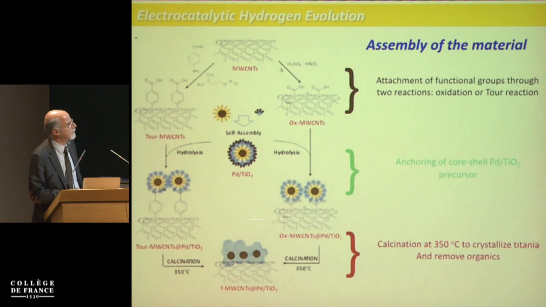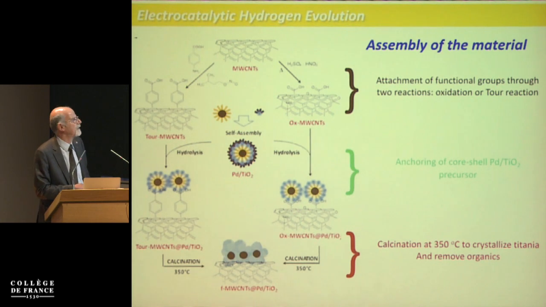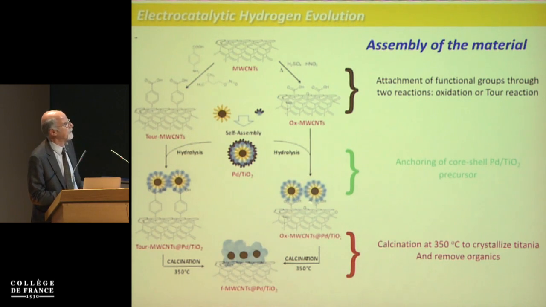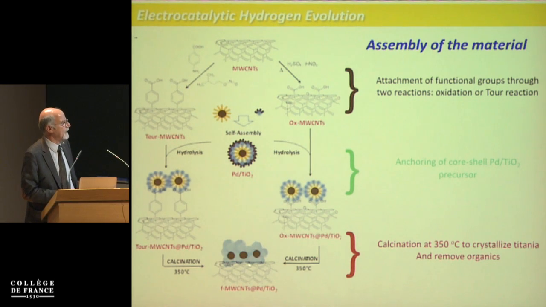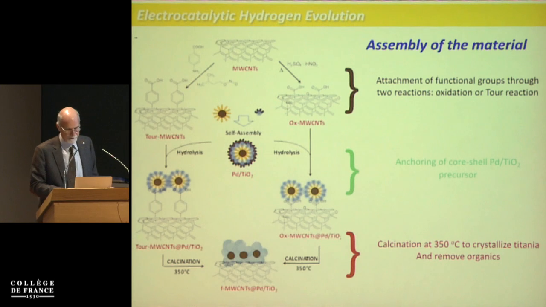In this case, the two materials differ only by the distance of the layer of titanium oxide on the surface of carbon nanotubes. So in this case, the contact is less efficient than in this case. But eventually, the two materials can be calcinated, and they will give rise to the same material after the annealing at 350 degrees.